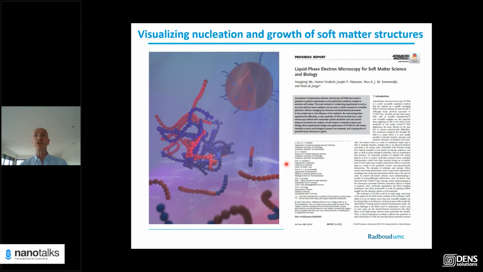And for that, of course, we need very careful considerations about the reaction conditions that we're using, but also about the electron dose that we are using and the way that we are recording our images. The considerations about how to use liquid phase electron microscopy for soft matter and for biological materials, we have described together with the group of Niels de Jonge in this recent paper.